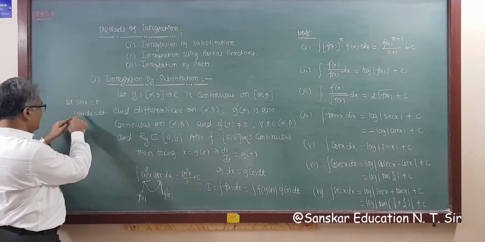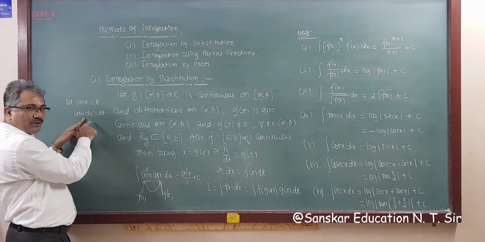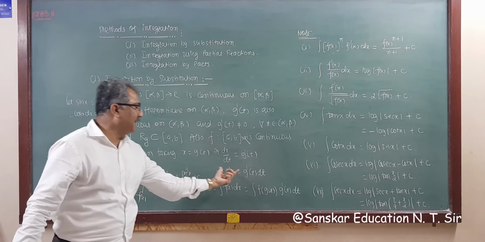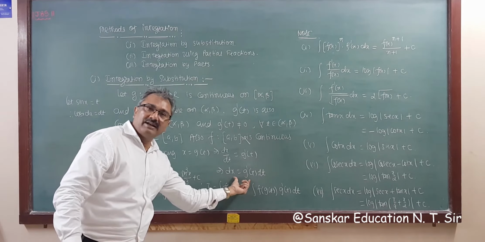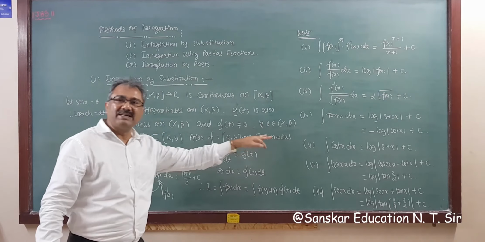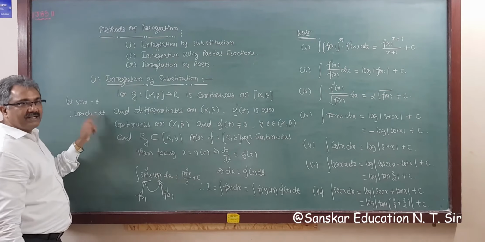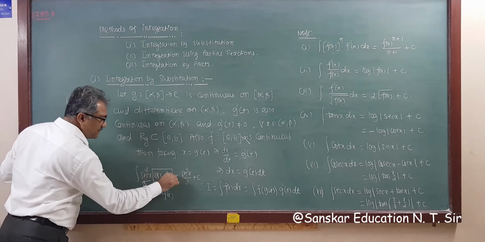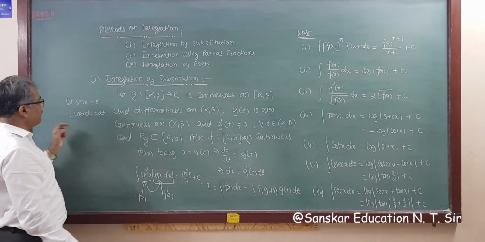So the derivative of sin x, cos x, into dx by dt is equal to 1. But similarly, we are writing directly dx is equal to derivative into dt. So cos x dx now becomes dt.